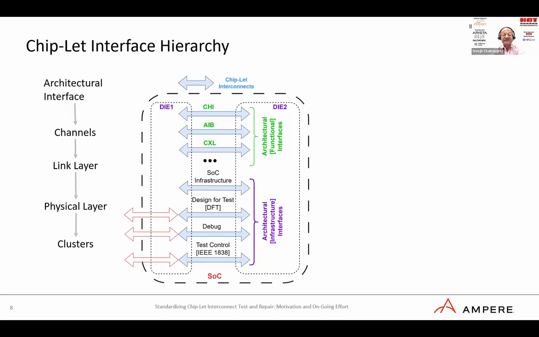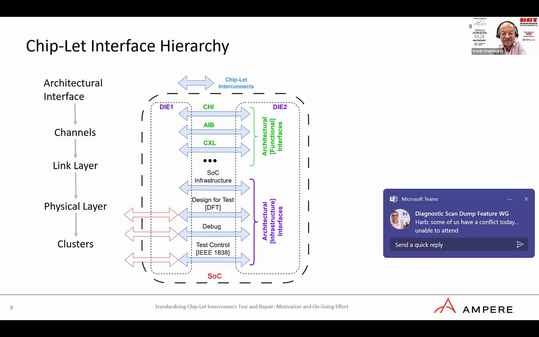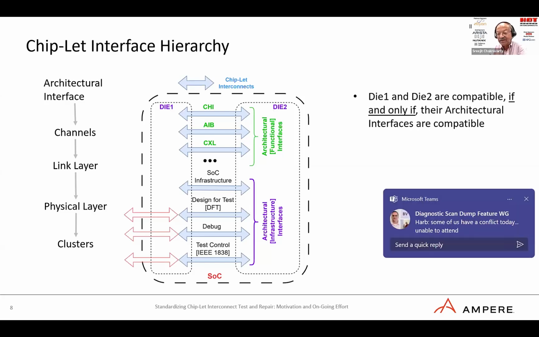In the same vein, you have the debug buses. The last one that I show there is test control, which is a small number of wires that go across the SoC in order to perform the test and control, and configure the various dies into the test mode.